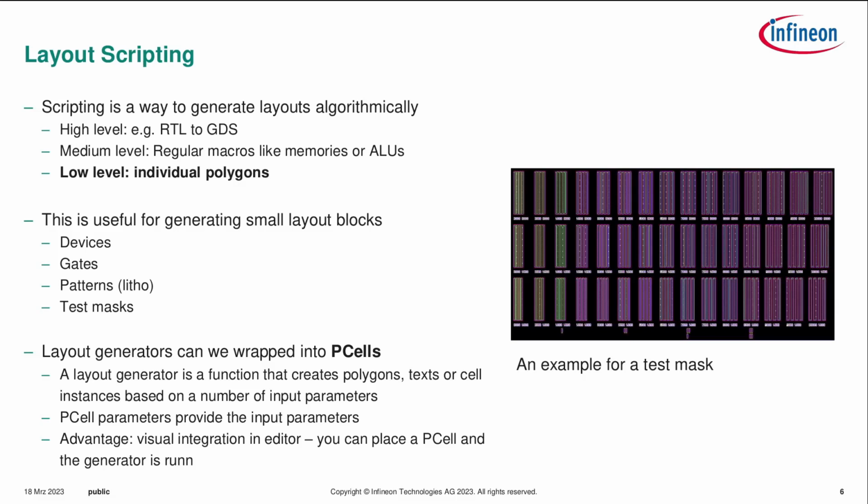And the advantage is that you have a kind of visual integration. The p-cell will be available to the system, for the library manager, in the sense of a normal cell. And you can place it in your layout and configure it. And you can change the parameters and it will automatically adjust. Technically, it's always a single function that is called, which you can provide and where you can put in all the logic of your layout generation.